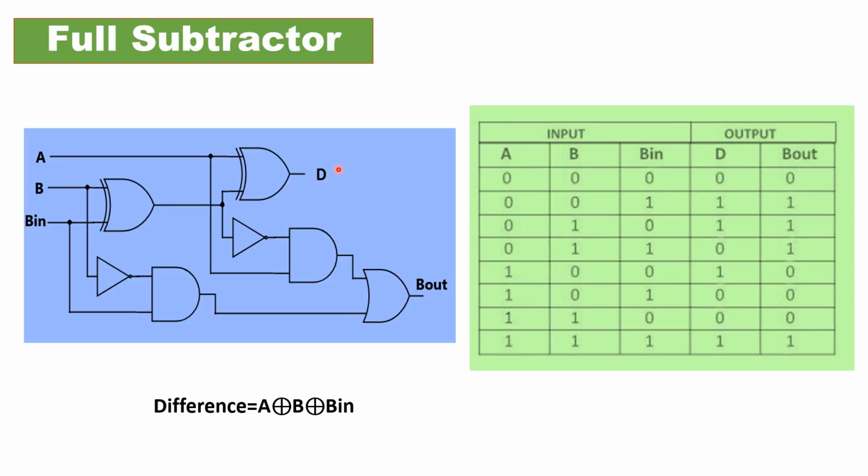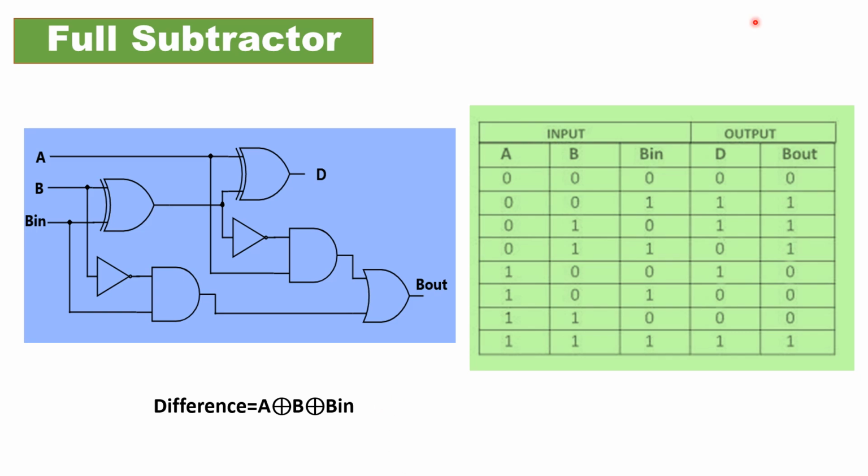The difference is the result of subtracting B from A with the consideration of the Bin. This can be expressed as difference is equal to A XOR B XOR Bin, where A XOR B gives the result of subtracting B from A without considering the borrow. Adding Bin accounts for any borrow from a previous stage.